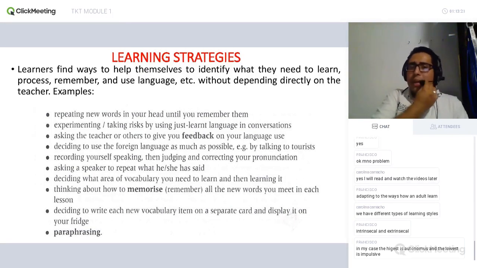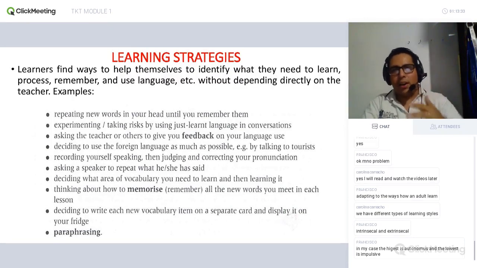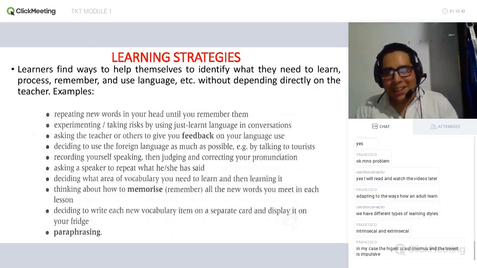So tell me, for example, Francisco, in your case, what's your strategy in this course? How do you do in order to remember a lot of concepts? We know that in this course we are having a lot of concepts: intrinsic, extrinsic, scanning, skimming, phonology, phoneme. Okay, so there are many concepts because this is theory.